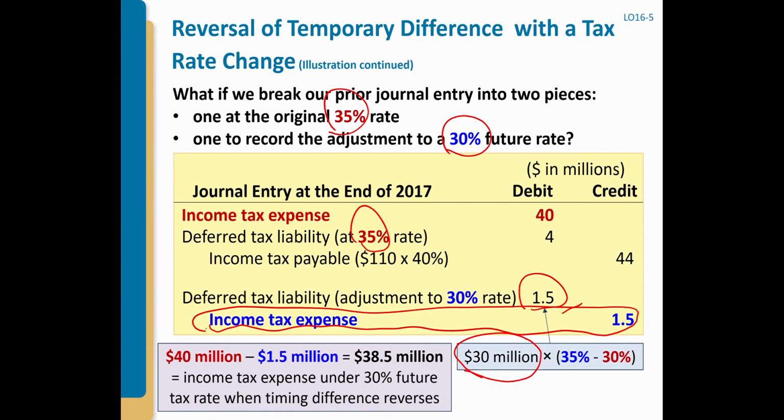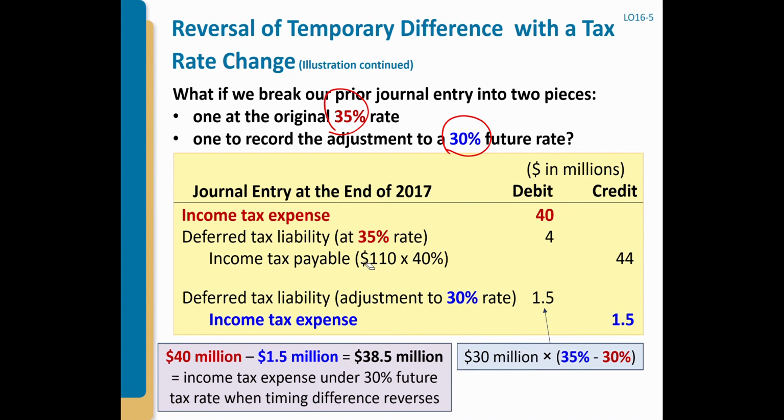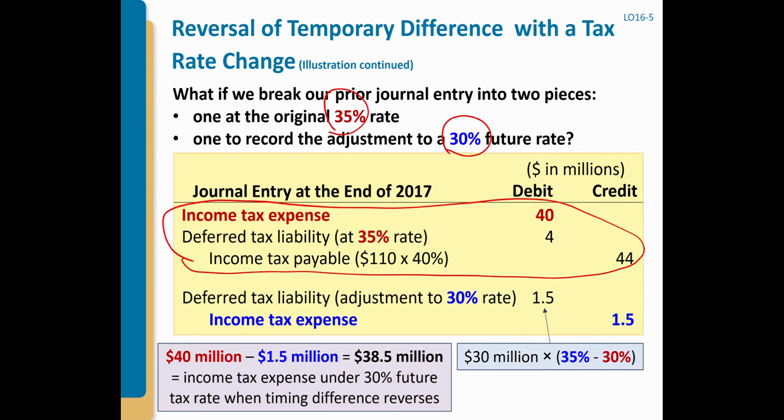In this case, this is the second approach. You stay with the original journal, which we assume is at 35%, and now you add this adjustment. These two together are the second method. No matter what, it's good.